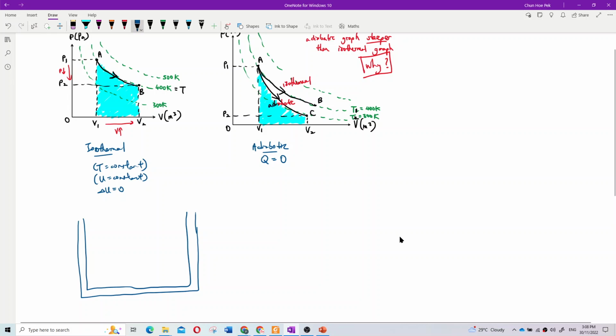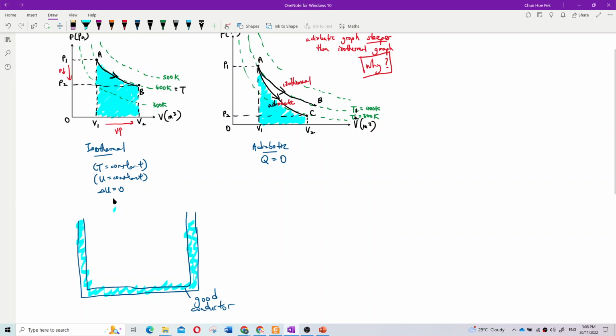For the isothermal process, it is a good conductor.